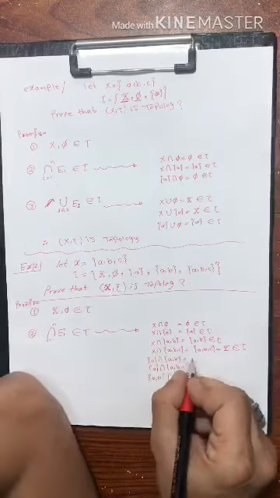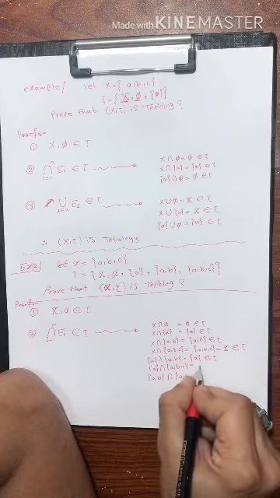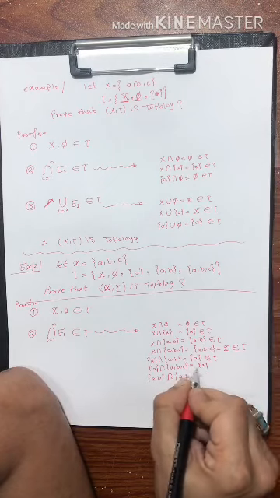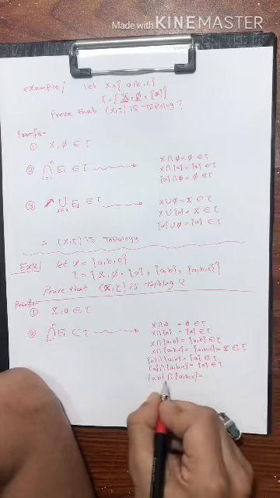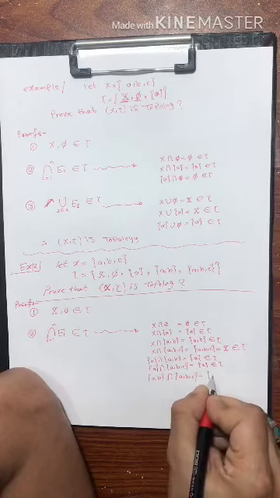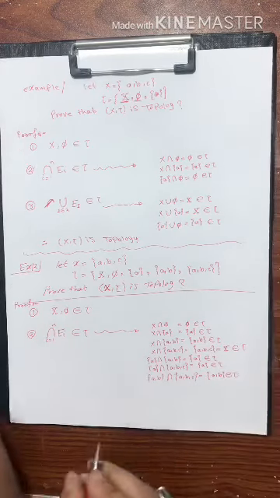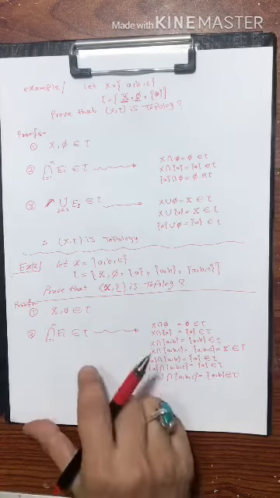Here the result is subset A, and here subset A is the result, and this belongs to tau too, and here the result is subset AB, and subset AB belongs to tau. That means the second condition holds.